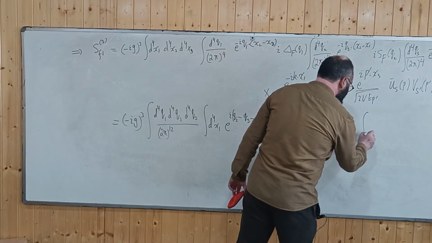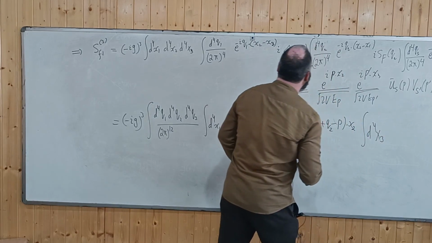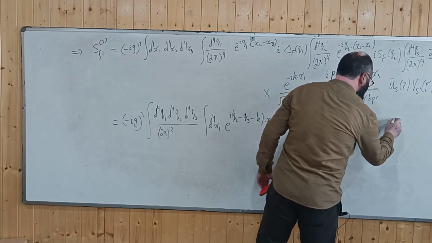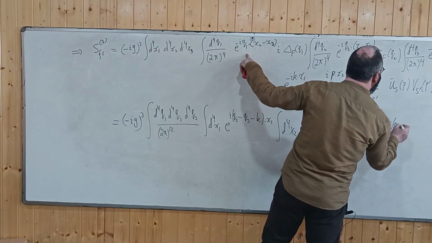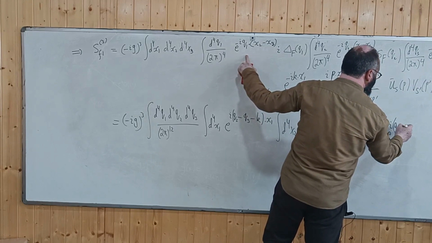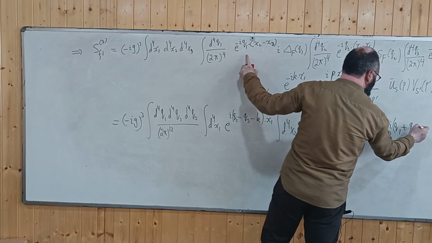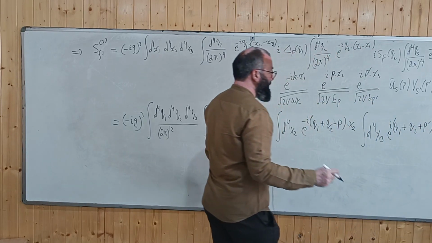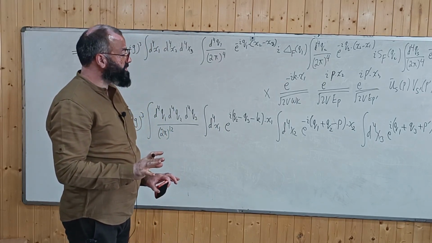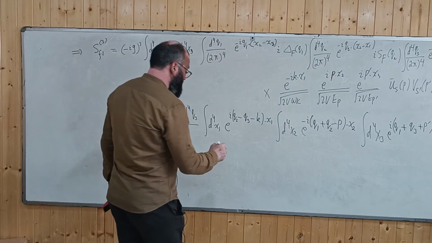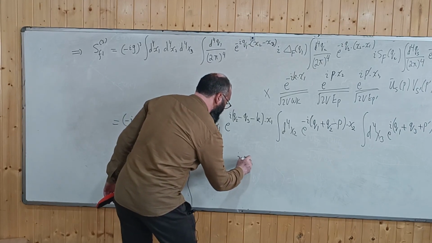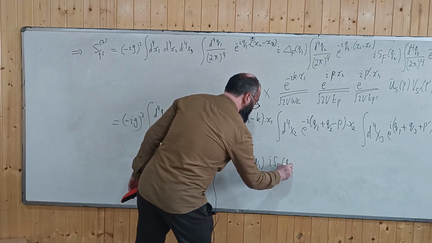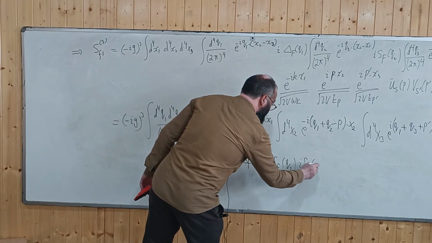Then you will be having d^4 x3, so this is the factor, e raised to i (q1 plus q3 plus p prime) dot x3. Understood? So these are the factors. Now what remains there? Then you are having i Δ_F(q1), i Δ_F(q2), and i Δ_F(q3).